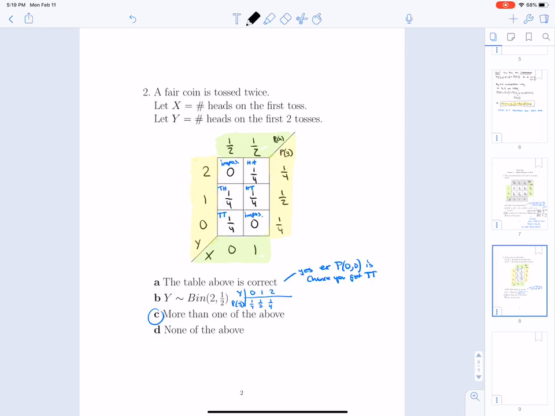For example, the bottom left is tails, because x is 0, which means I have a tail, and y is 0, so that means I have two tails. And some of them are impossible, in which case the probability would be 0. So yes, this is correct, and you can see y is binomial(2, 1/2). Again, we've done this a few times now.